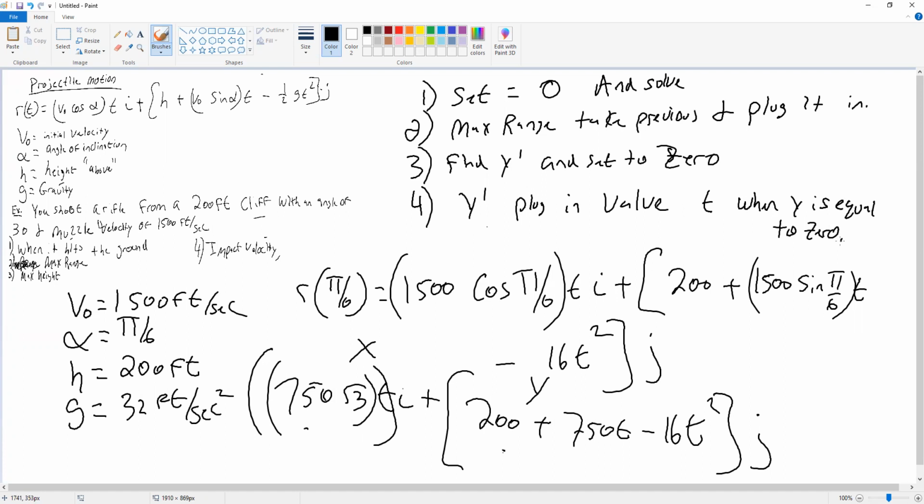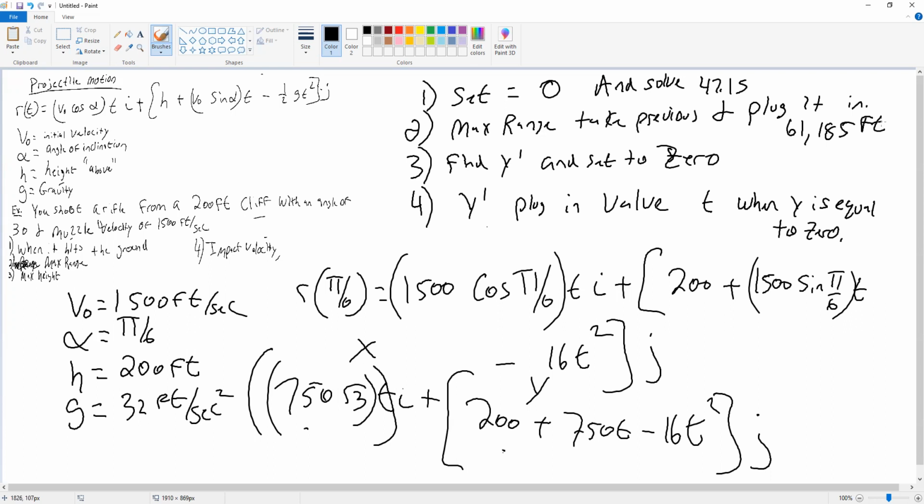I'm rushing, I apologize. I just want to get to the directional group. Okay, so just so you have something to work backwards on: T comes up to 47.1 seconds. The max range is 61,185 feet.